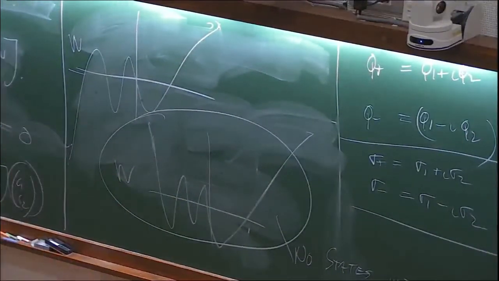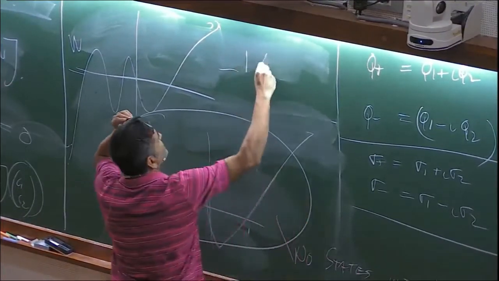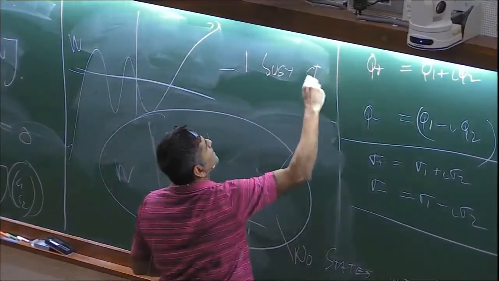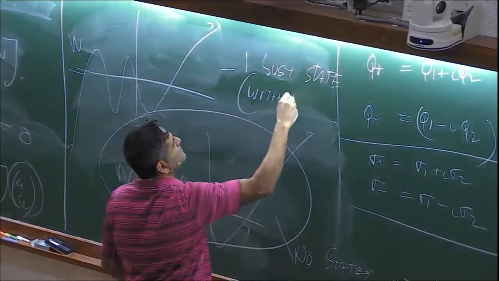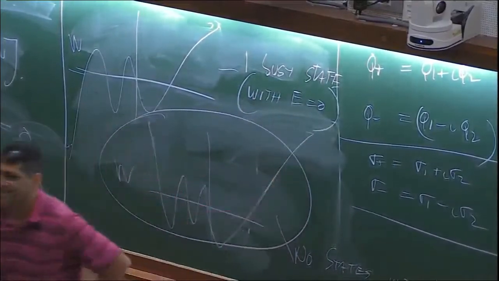It would have been square integrable as we went to infinity. In both cases, there is exactly one ground state, exactly one supersymmetric state. So in this case, we have one SUSY state with E equals 0. Is this clear?